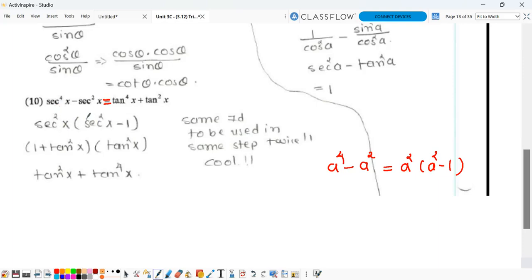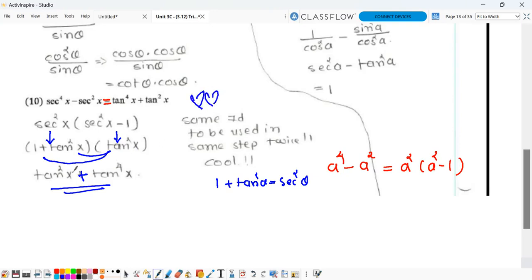So I'm showing you from this side: secant square, factor out secant square times secant square minus 1. Now the identity is 1 plus tangent square theta is secant square theta. So secant square is replaced as 1 plus tangent square, and secant square minus 1 is replaced as tangent square. And now you distribute again, and you get, super cool, tangent square plus tangent to the fourth.